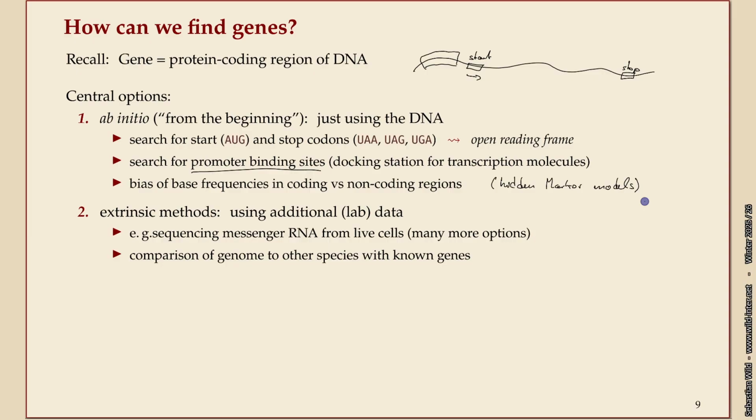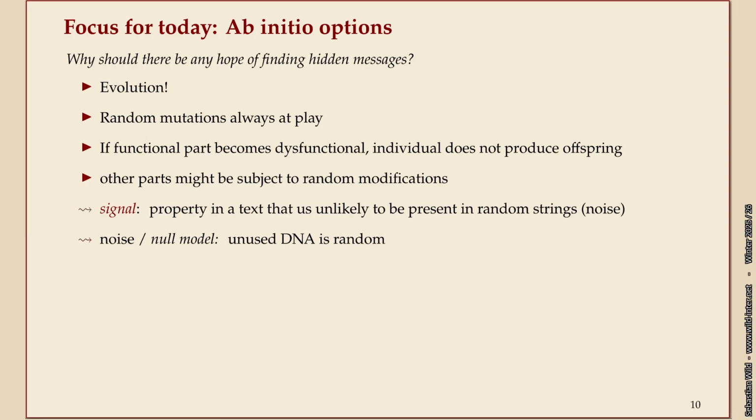Okay. For today, we'll focus really on this first part. And you could ask yourself, is there any hope with just these start and stop codons? Is there any hope to detect genes in any somewhat reliable way? What helps us here is that evolution is a certain directed force. Over long stretches of time, there are always going to be random mutations in the DNA.